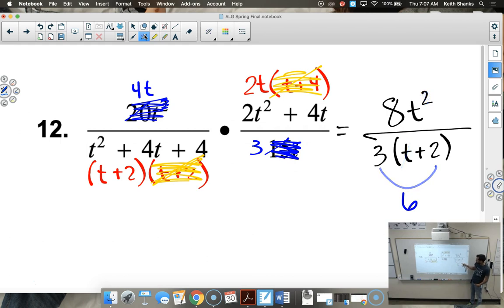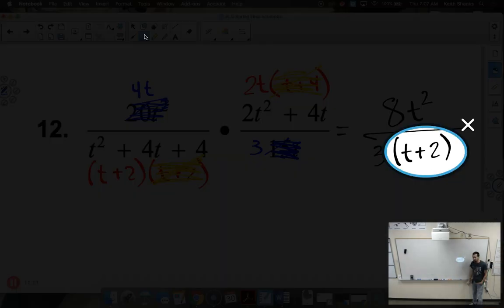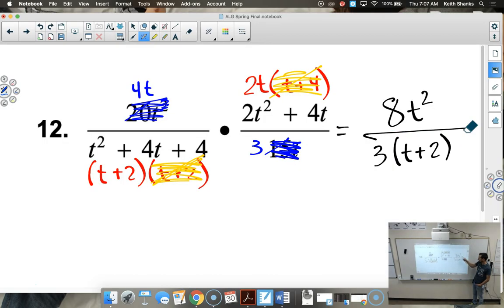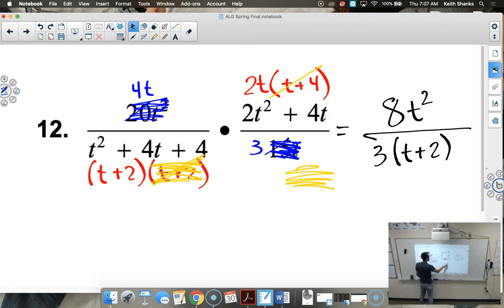This guy right here, I just want to make sure, the t plus 2, these guys are protected. Notice they're even in parentheses, okay? So I can't cancel that out with something on top because it's protected. The reason I could go back earlier and cancel out the t plus 4 and the t plus... Oh, I'm sorry. This should have been t plus 2.